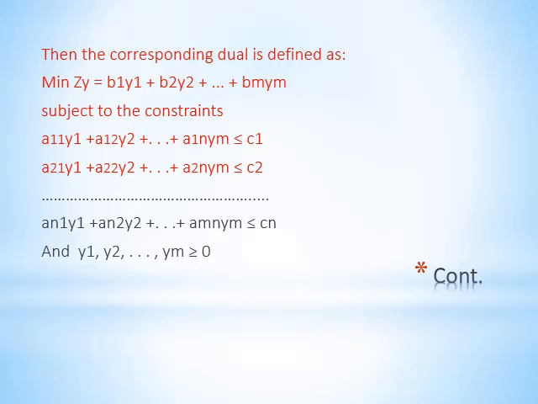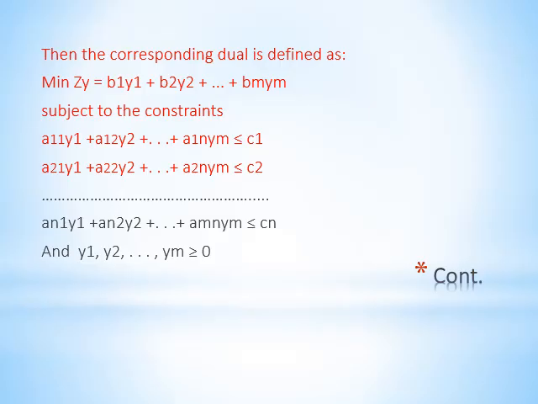The constants of the dual constraints are the coefficients of the objective function of the primal. That's why a11 y1 plus a12 y2 up to a1n ym equal c1, c2 up to cn.